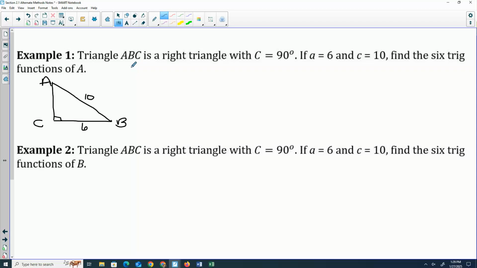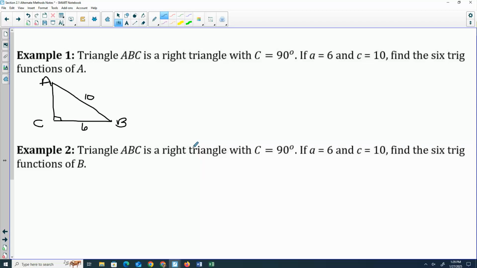If I'm going to do my trig functions, we have to know all 3 sides, so how would I get my third side? What do we do when we have two sides in a right triangle?